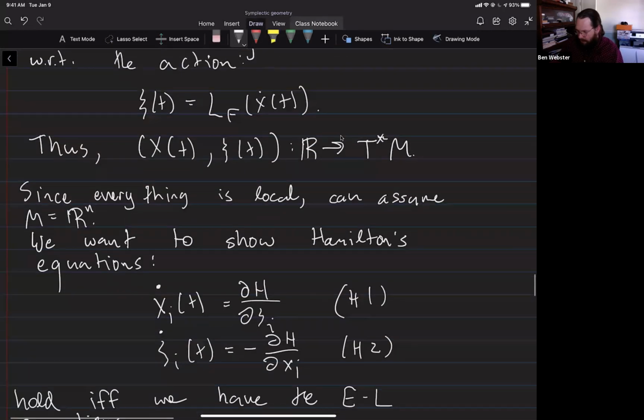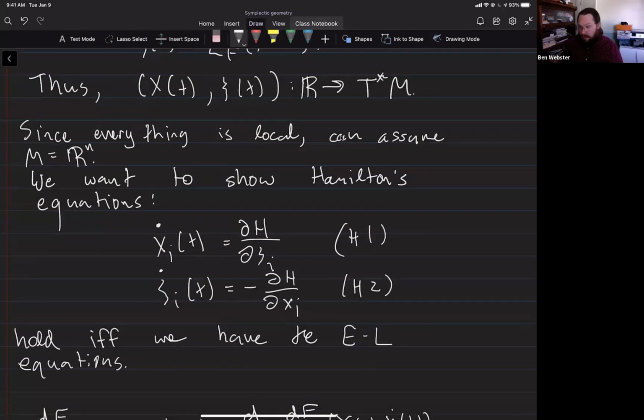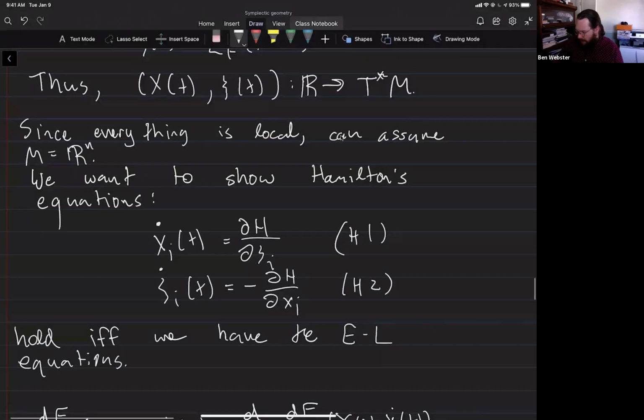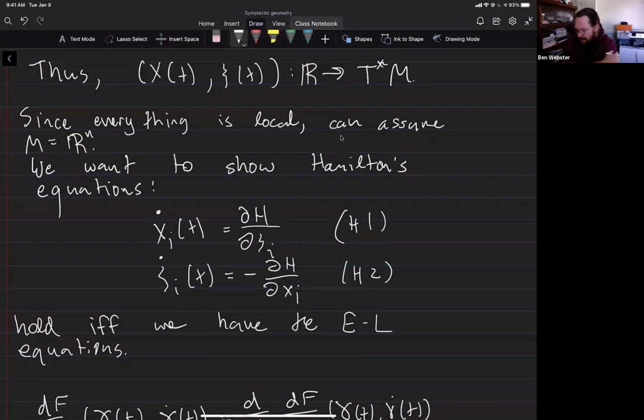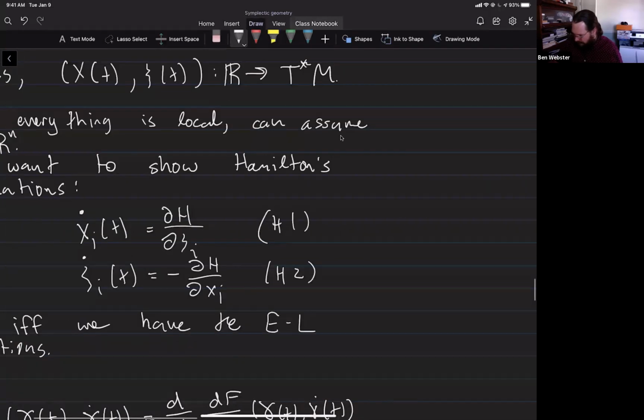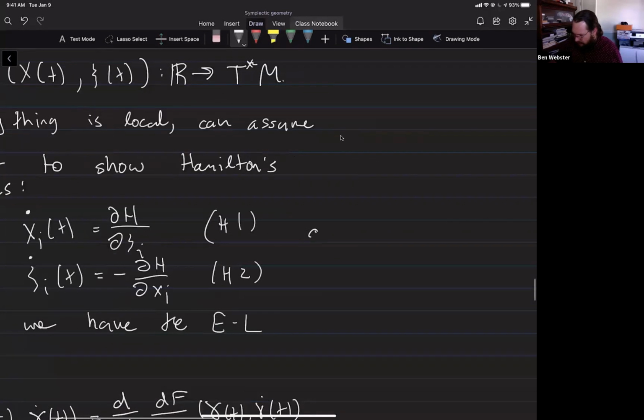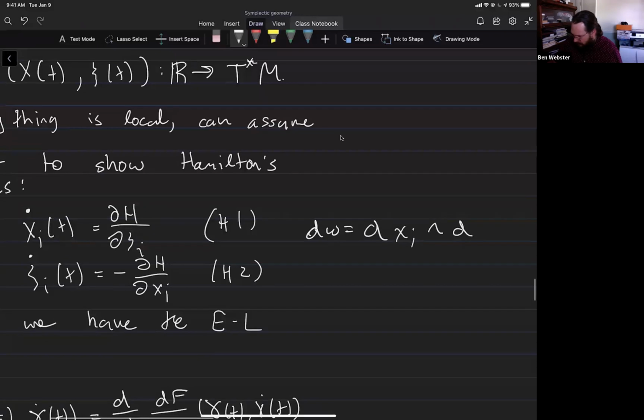All right, as before, everything is local, so I might as well assume I'm on R^n. And Hamilton's equations have this nice form, right? We have this explicit description of the canonical symplectic form, it's the sum of dx_i wedge dξ_i.